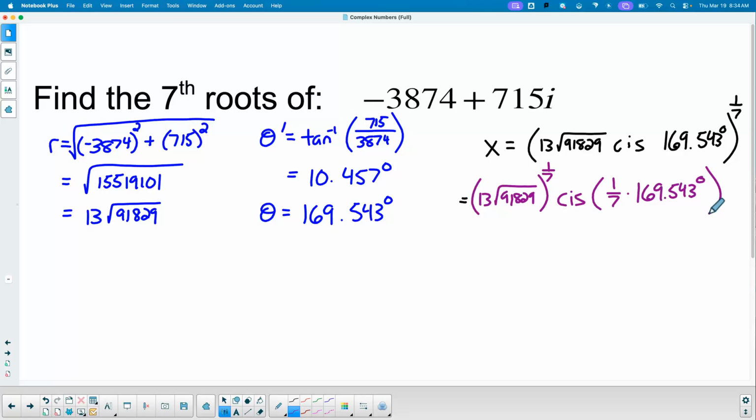Okay. So then this is going to be x. I got it stored as x. I'm taking x to the 1/7 power, and that's going to be 3.